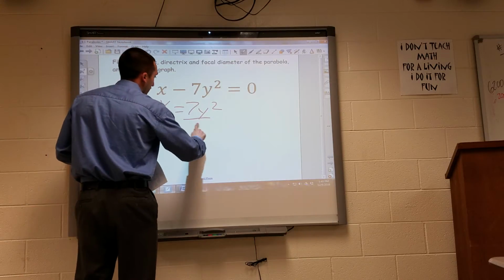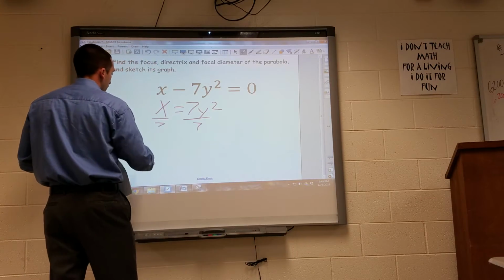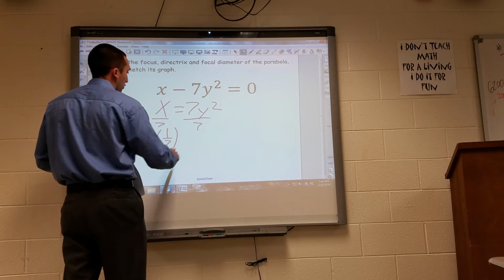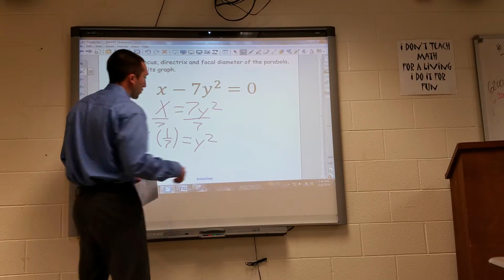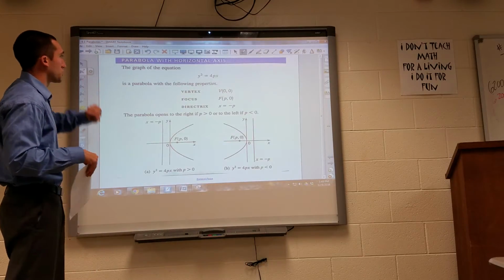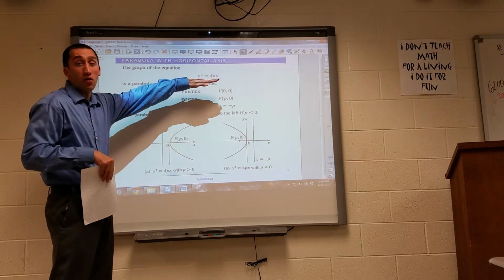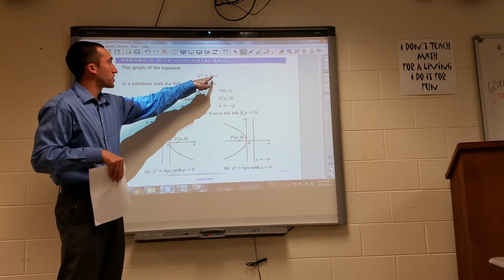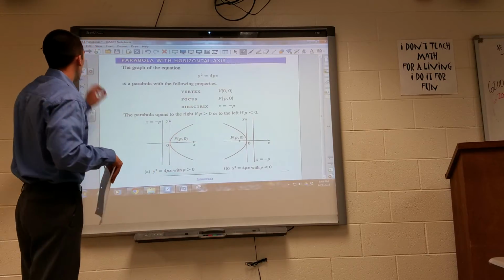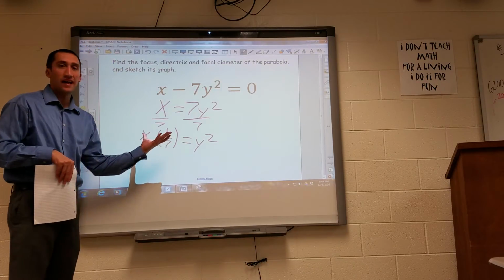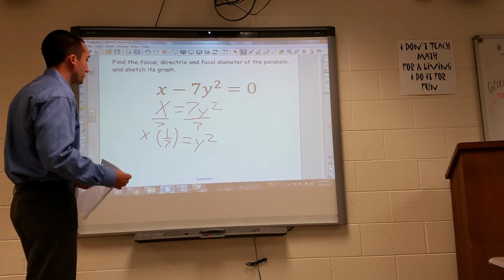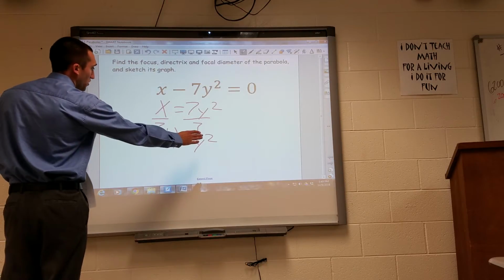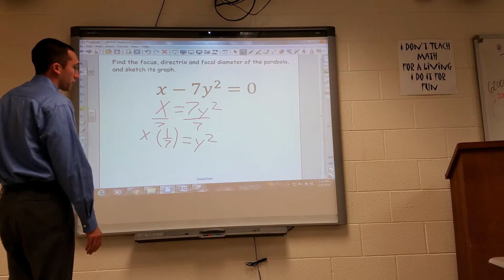So I'm going to have to divide by 7 and write it as 1/7, so x times 1/7 equals y squared, because if you look at our generic form, and this is obviously a horizontal parabola, because our y is squared, we always have a coefficient, which is 4p, being multiplied by our x. That's why I wrote it as x times 1/7. Okay, so now that we know that x times 1/7 equals y squared, this is my standard form.